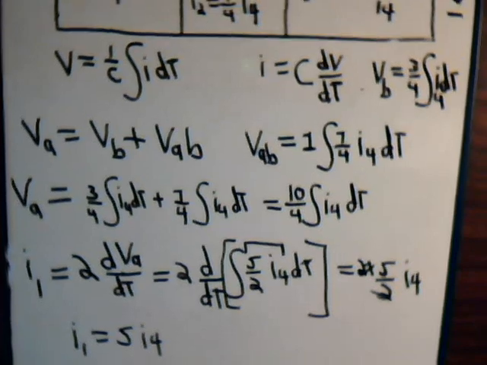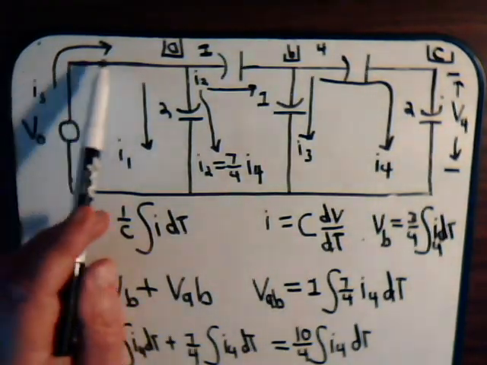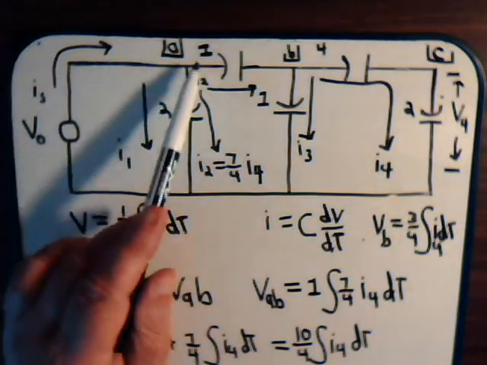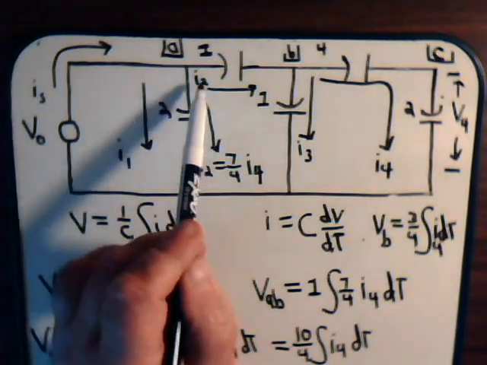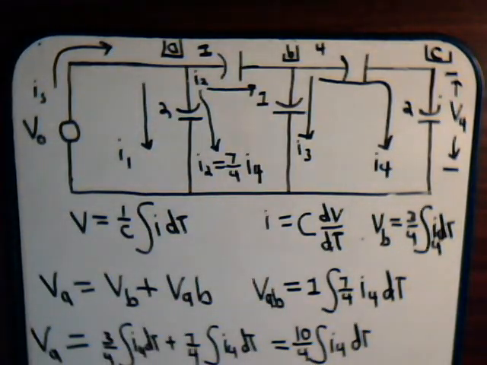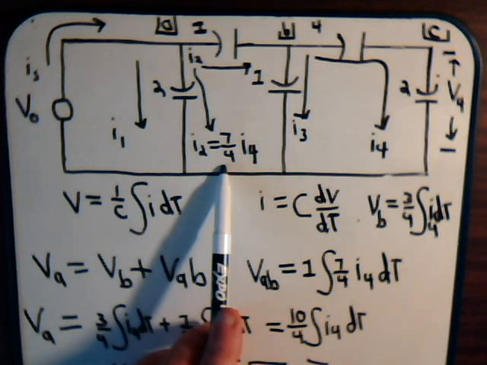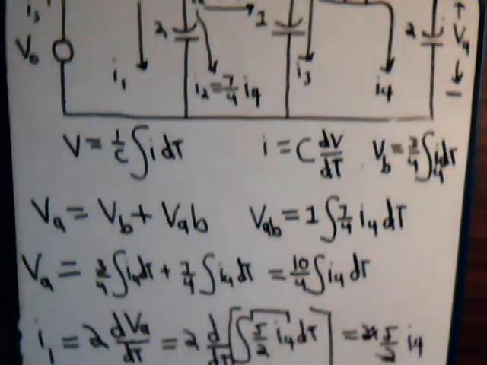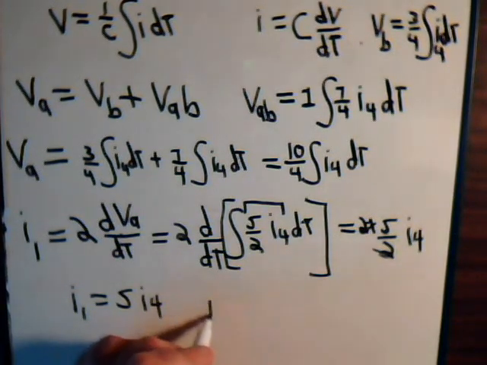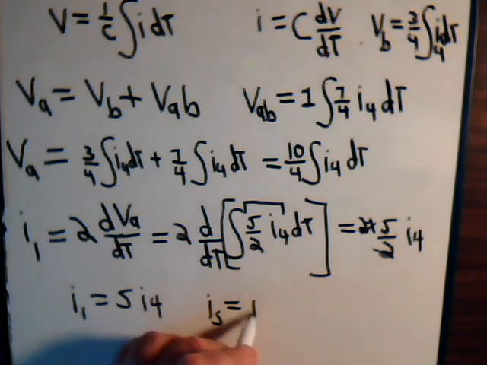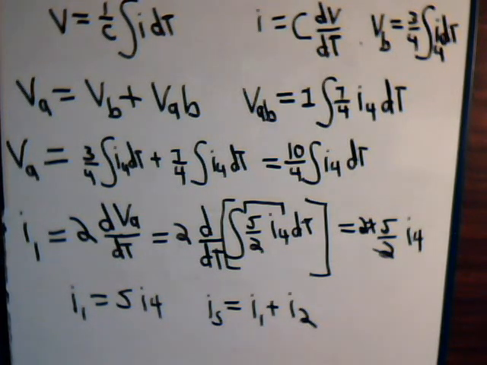Now, IS, that's split into current I1 and current I2. I1 went down here, and I2 went across here. Well, that's what I2 is. We determined that before, and current I1 is this. So IS equals I1 plus I2.